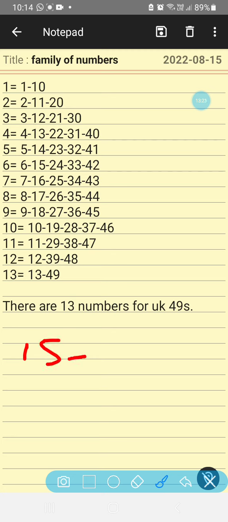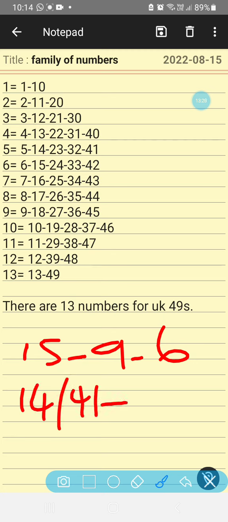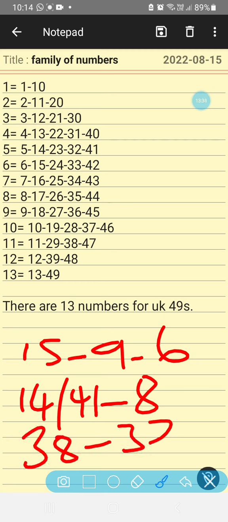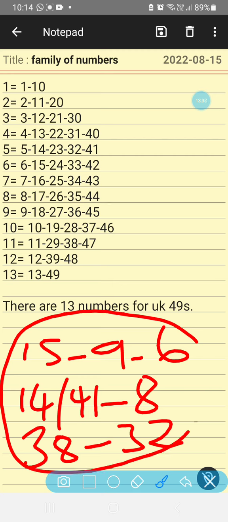Our bankers for today: 9, 6, 14, 10, 41, and 8, and then 38 and 32. These are the numbers that we're going to banker with today, right? We can pair them first and go and banker with. If 1 or 2 numbers come from here, it's okay. You know why? Because we're bankering with these numbers. We can go and banker.